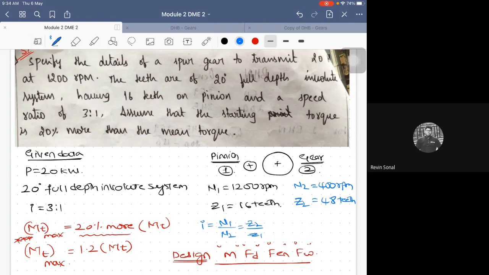Strength factor, sir. Just show us your notes. Can you switch on your camera, please? Very good, Praveen.